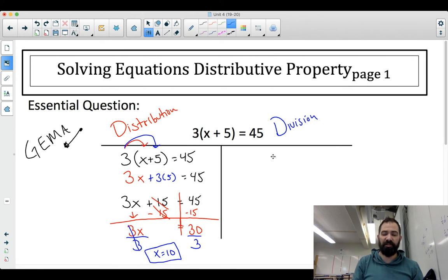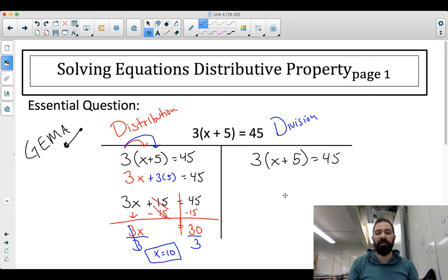Okay, let's look at this as a division, solve it as a division problem. So instead of distributing that 3 through the parentheses, we are going to take that 3 and do the opposite of multiplication and divide this whole side by 3 and that whole side by 3. We do that, those cancel out.